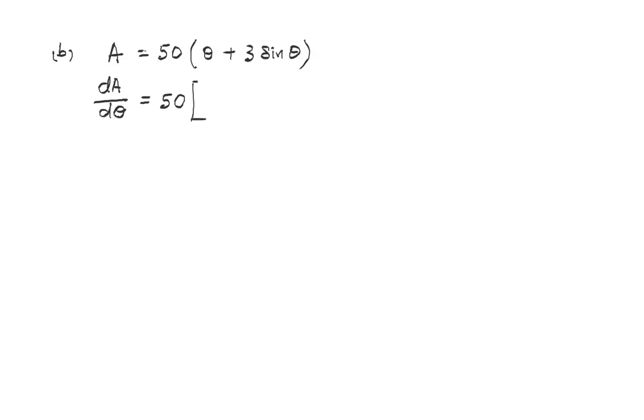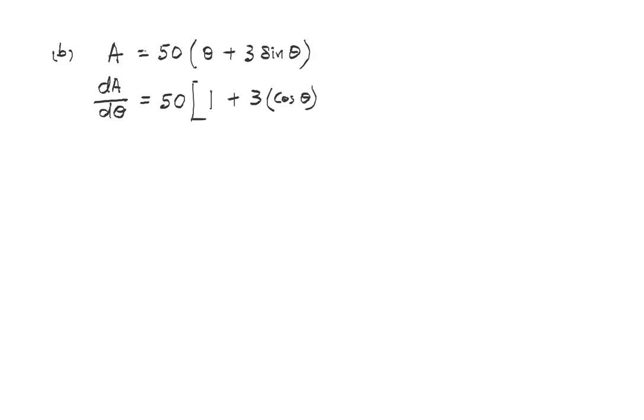So part B, you are given area equal to 50 theta plus 50 sin theta. Okay, so dA over d theta. I write 50 there. The rate of change of theta is 1. Correct? Plus the rate of change of sin is cos.